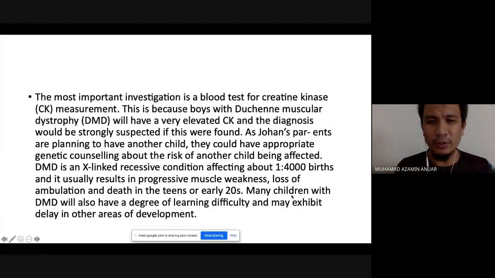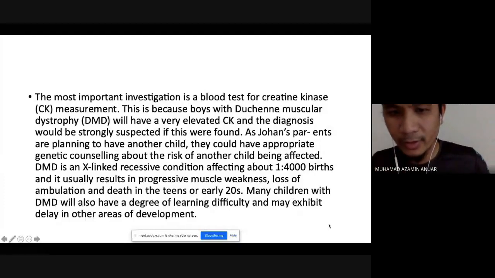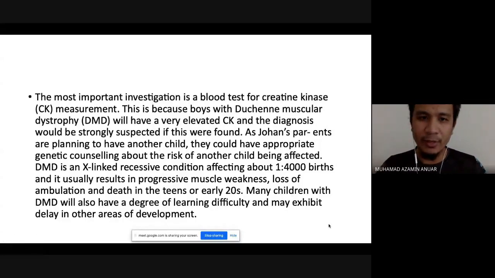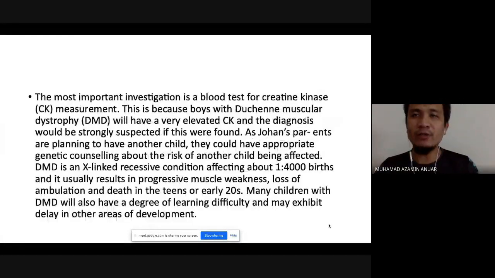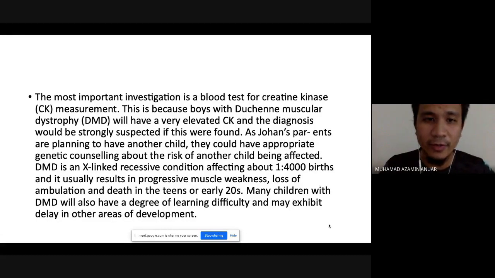So if you have dystrophin problems, it's going to affect your learning as well, because you're losing your dystrophin in your brain. Compared to spinal muscular atrophy, it's only affecting the spine and also muscles, so it's not really affecting the brain.